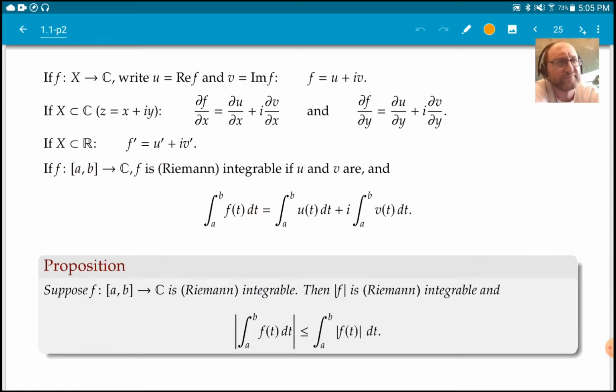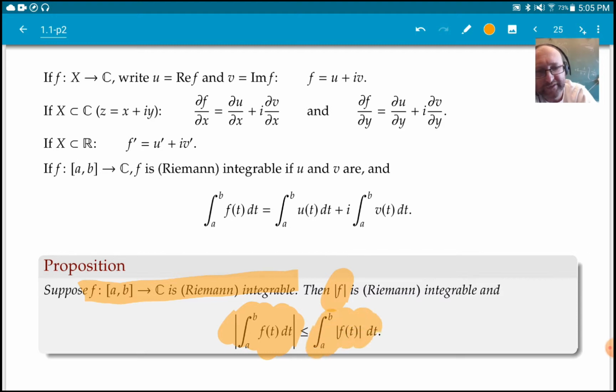One basic proposition which we use all the time is that if I have a complex valued Riemann integrable function, then the modulus is Riemann integrable. And if I take the modulus of the integral, it's less than or equal to the integral of the modulus. Basically like a triangle inequality for integrals.